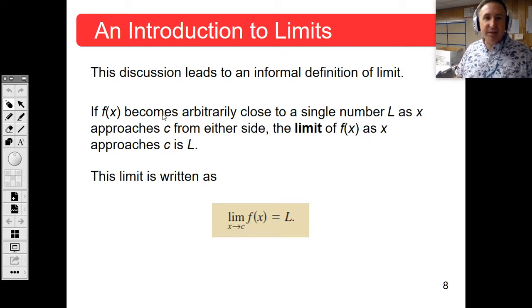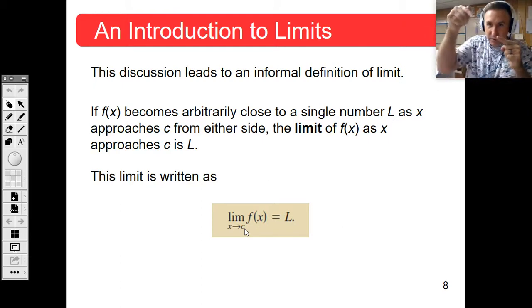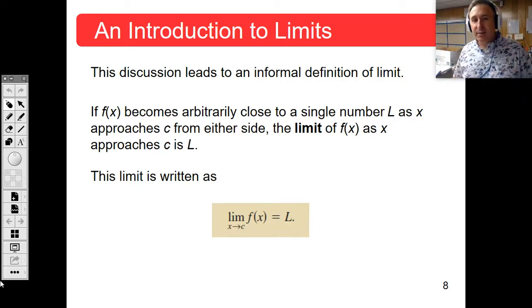So if f of x becomes closer and closer to a single number L as x approaches c, some constant, from either side, the limit of f of x as x approaches c is L. So as long as the left-hand limit and the right-hand limit agree, as long as we're going to the same place, even if there's nothing there, then that's what the limit is.